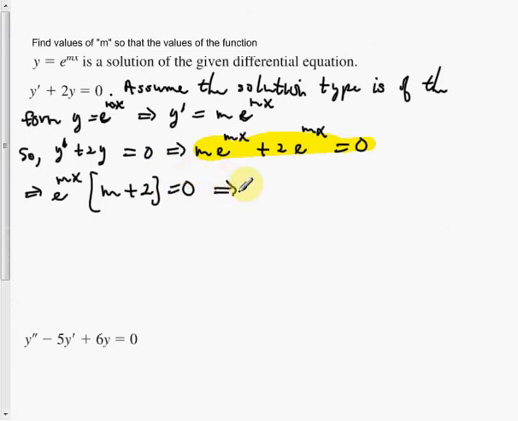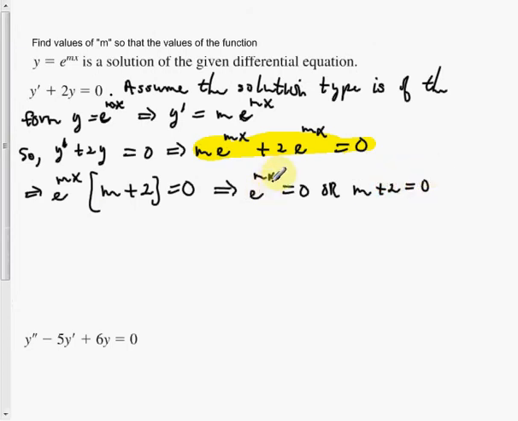By the product property for 0, if there are quantities multiplied together equal to 0, then at least one of those items in the product must be 0. So either e to the mx is 0 or m plus 2 is equal to 0. It could be either one is 0, or they both could be 0.